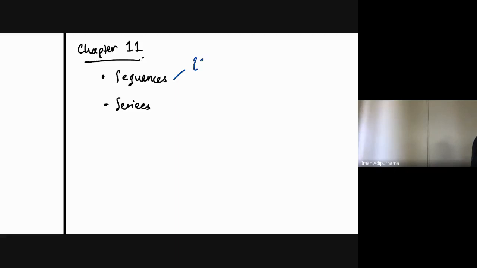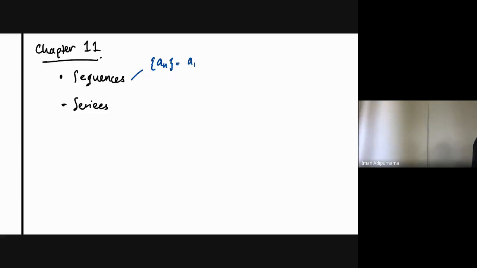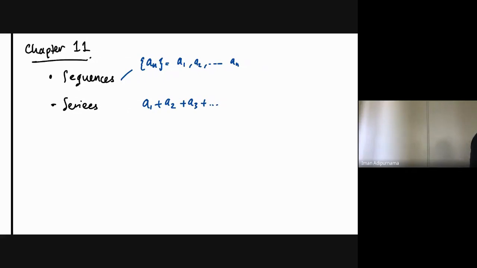So you have, let's say, a_n, and you will have a1, a2, etc., up to a_n. But for the series, you have the same ordered set, but you need to add up all the numbers.